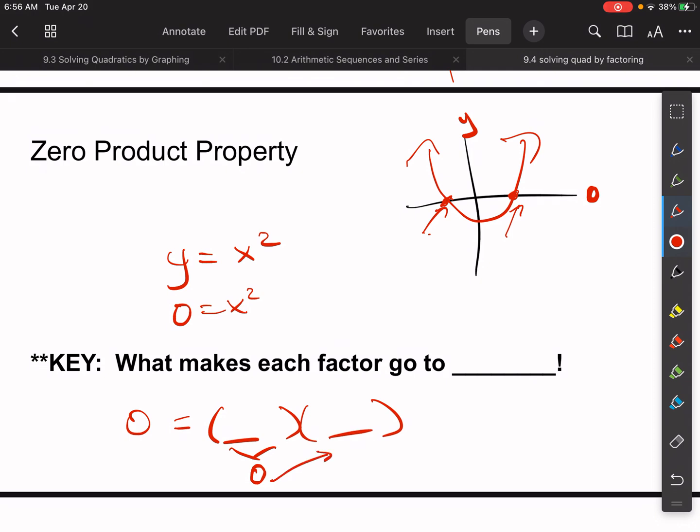So whatever makes this factor go to 0 or this factor go to 0 is going to be at the place where the graph crosses the x-axis. So the zero product property is just what makes each factor go to 0. Very simple concept. If this goes to 0 or if this goes to 0, I know that I have a place where the graph crossed the x-axis, and therefore that is a solution.